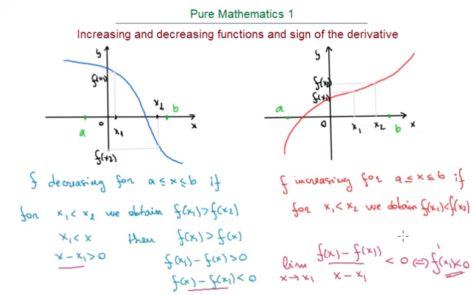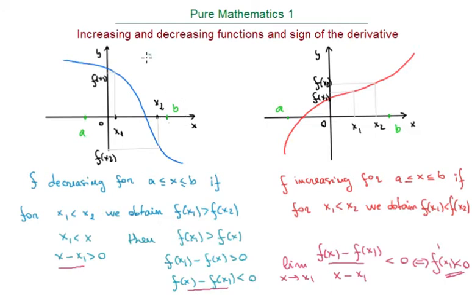In other words, the function being decreasing over the interval from a to b means that the sign of the derivative is minus, that the derivative is negative over the interval from a to b. So for any value of x within the interval from a to b.